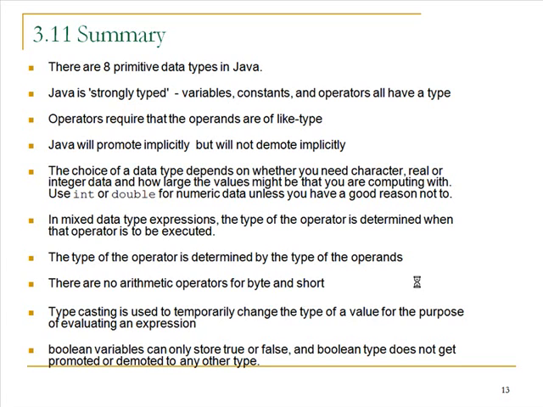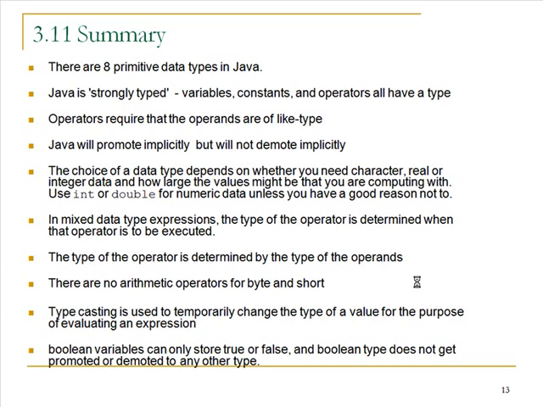We looked at mixed type expressions, where the type of the operator is determined when that operator is to be executed, and the data type of the operator is determined by the type of the operands. Special issues in data types in Java: no arithmetic operators for byte and short, and you have to understand that typecasting doesn't change a variable.